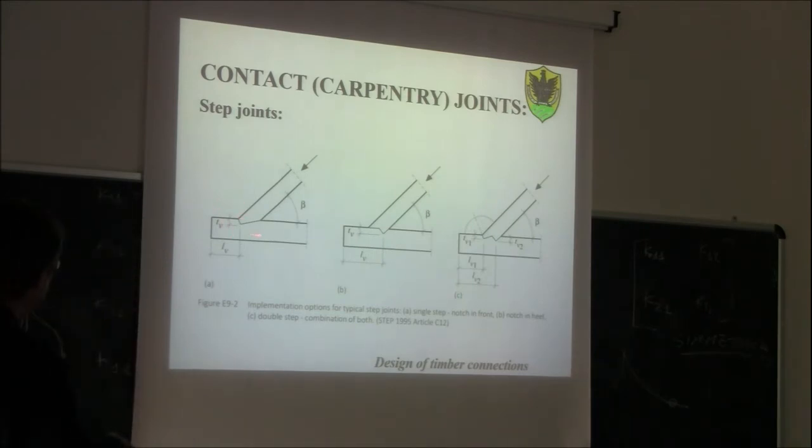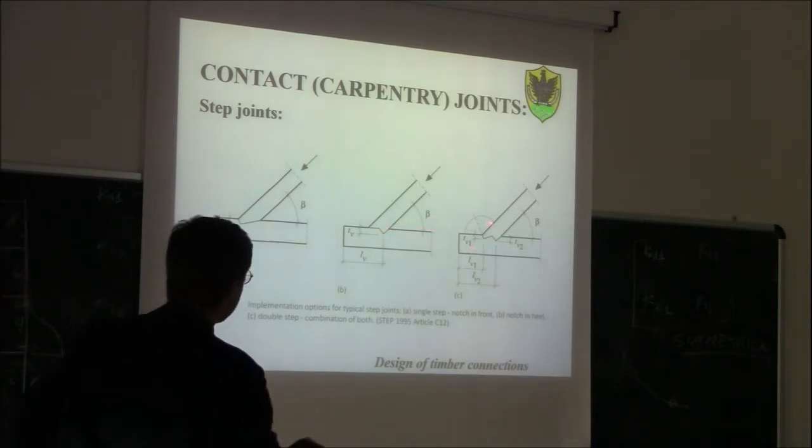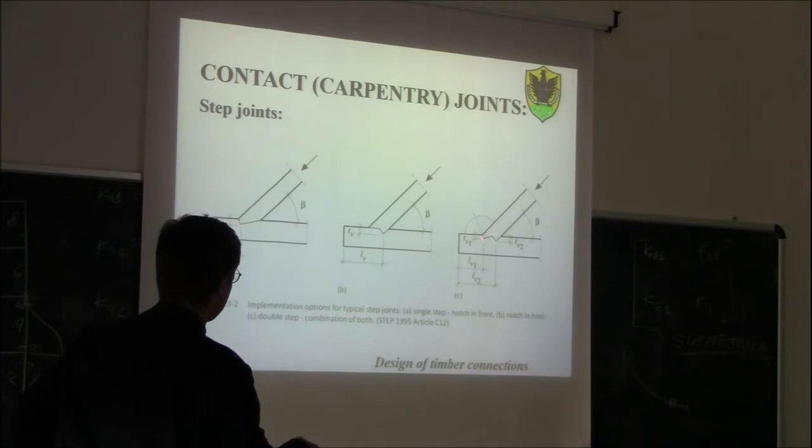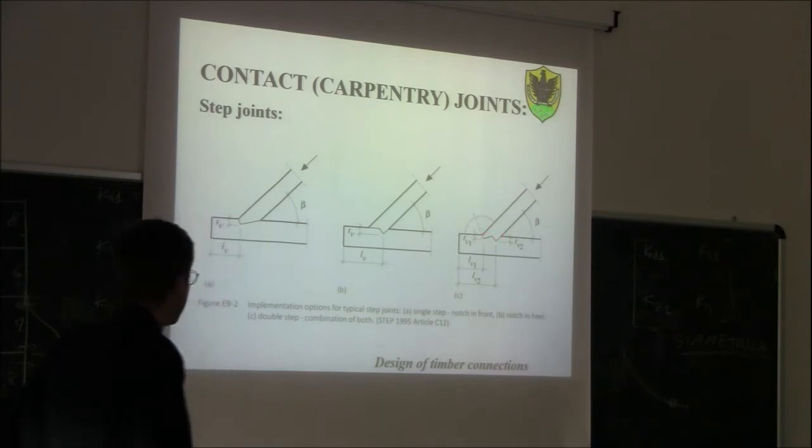So you can see that when we talk about the step joint, which is very common for the king truss, we can have the step joint at the head, in front, basically the notch in front, or the notch can be in the heel. In Italian, this would be the tacco. Or we can have double step, so one on the head and one on the heel.